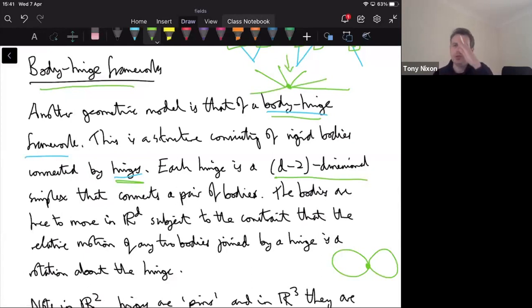In 3D, it would be a line that you hinge your motions. It can still move about, but it would stop them from moving apart. So the bodies are free to move in R^d, subject to the constraint that the relative motion of any two bodies joined by a hinge should be a rotation about the hinge.